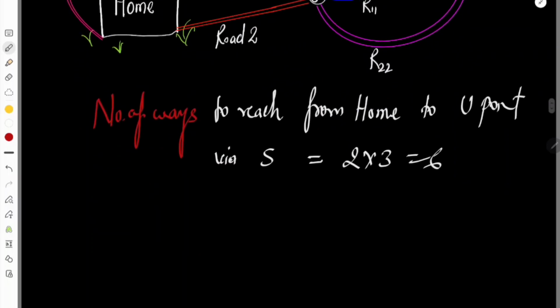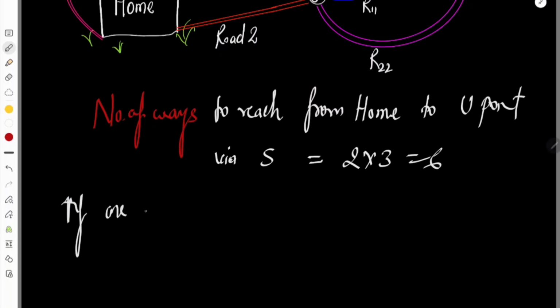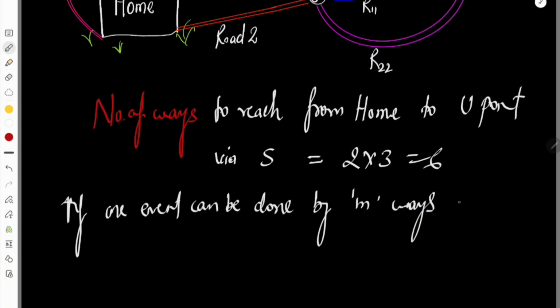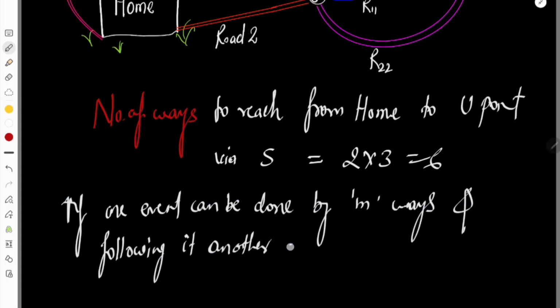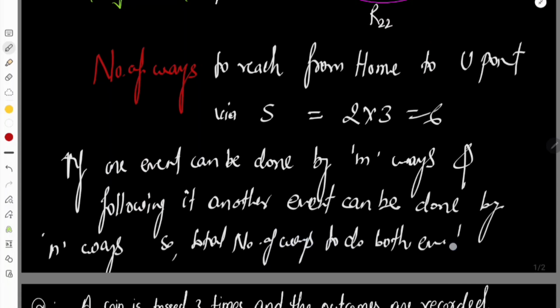The product rule, or multiplication rule, says that if one event can be done in m ways, and following it another event can be done in n ways, then the total number of ways to do both events is m into n.